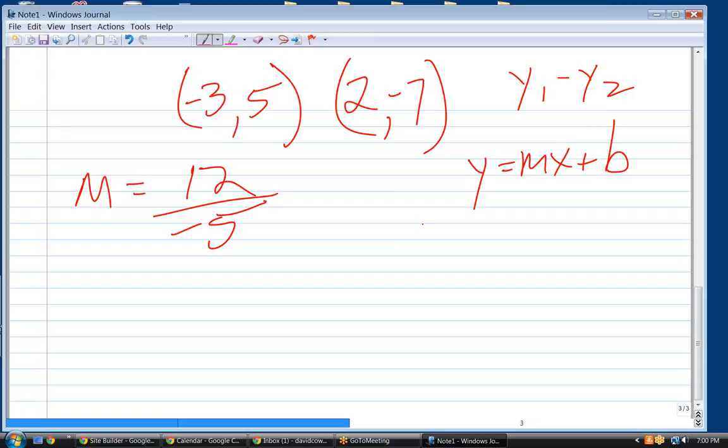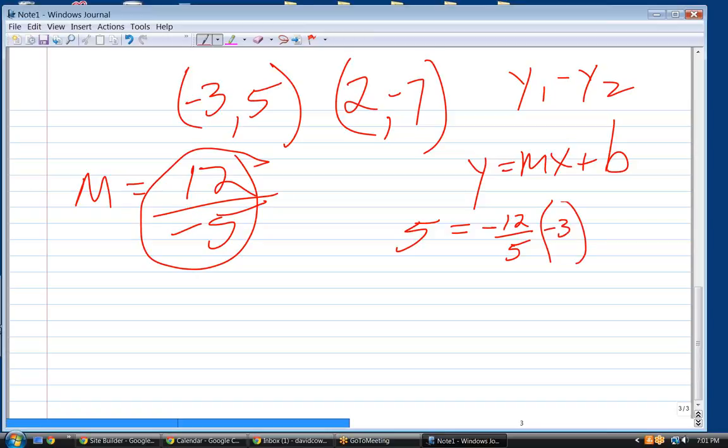So it would be y equals, and I'll do the negative 3. So 5 equals negative 12 over 5 times negative 3. In other words, that is negative 12 over 5 times x, which is negative 3, plus b.